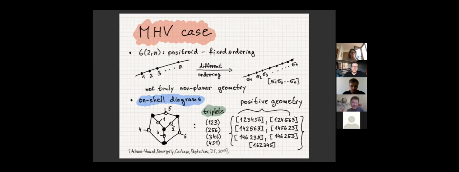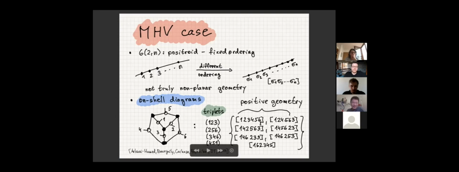And indeed, in this paper with Nima, Jake, Freddy, and Alex Postnikov, we work out the positive geometries for these general MHV non-planar on-shell diagrams. What you have to do is specify certain triplets. They correspond to the black vertices in my definition of black and white. And each triplet has all the 2x2 minors inside it, like 1 2, 1 3, and 2 3, positive in this ordering.